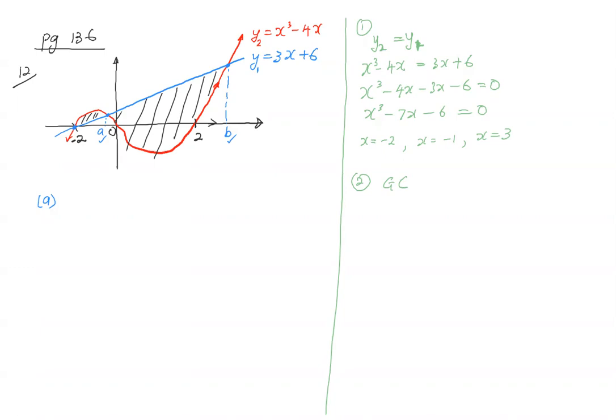If you use method 2, GC, first of all, you must key in your Y1. Your Y1 is 3x plus 6. You must key in your Y2. That is x cubed minus 4x. Right? Then you have to go to window.